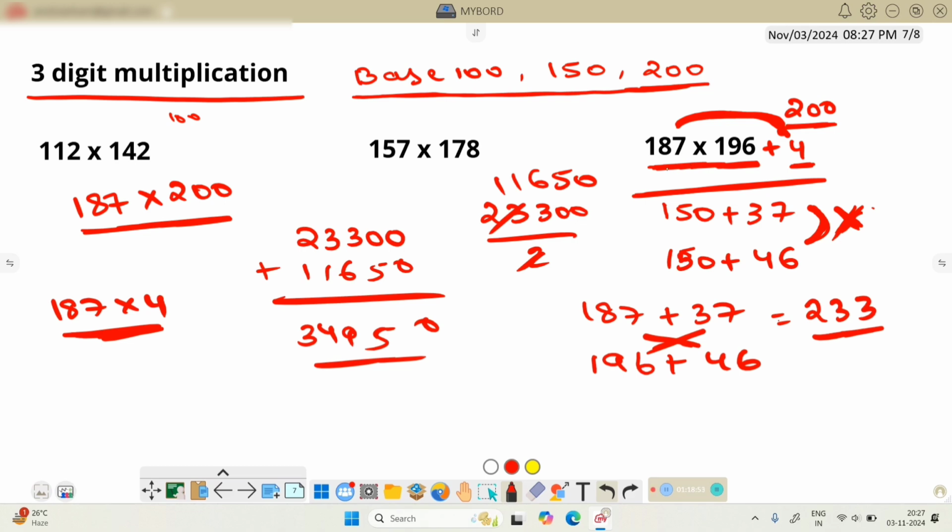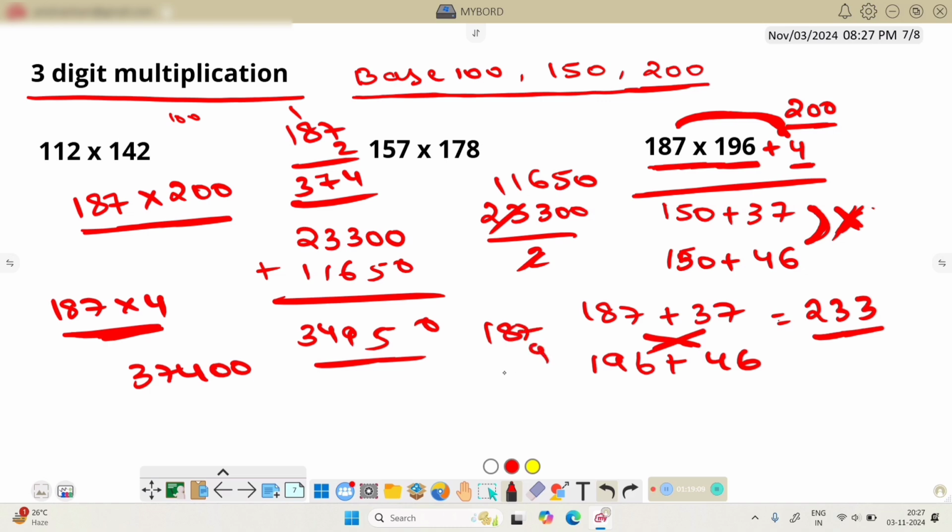See here, 187 2s are 14, 2 8s are 16, 17 3, so 37400. Next, 187 4s: 7 4s 28, 4 8s are 32, 748.